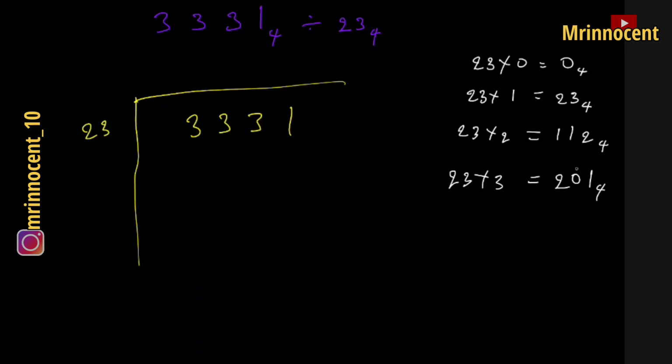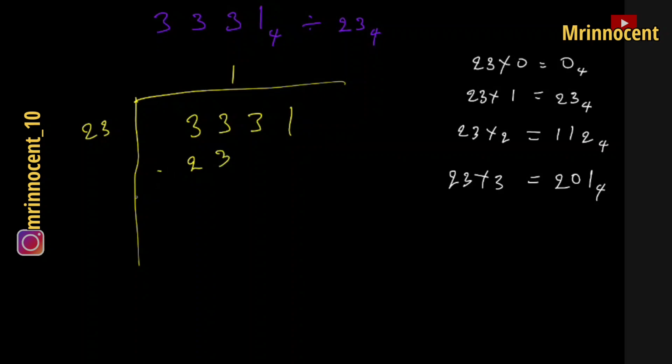So you come to your chart, look for a number that is 33 or a number that comes before 33. So when you look at my chart here, you have 23 and 112. So our answer is 1. 1 times 23 is 23.